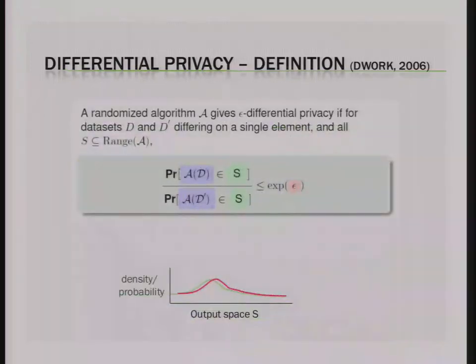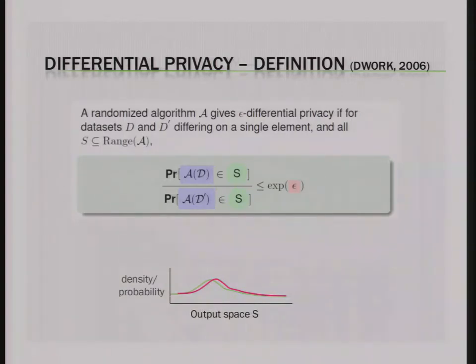The formal definition is the following. A randomized algorithm A is said to give epsilon differential privacy if for all datasets D and D dash that differ by a single element, and for all S which belongs to the range of the algorithm, you fix an output in the output space, look at the probability that this output would have been obtained from database D and the probability that it would have been obtained from database D dash, and then you compare these ratios.